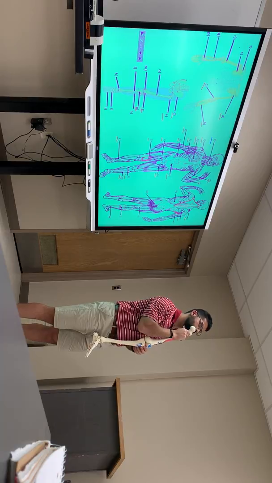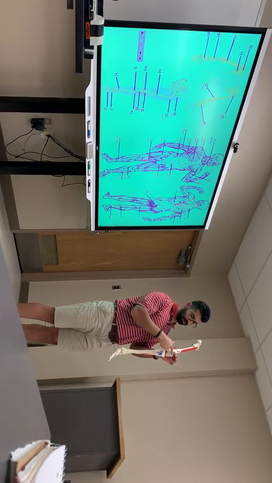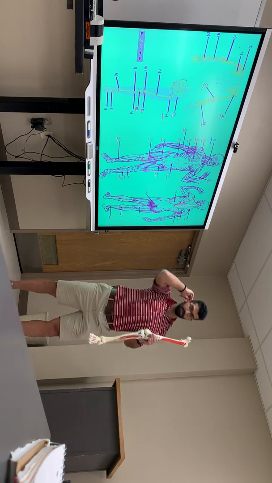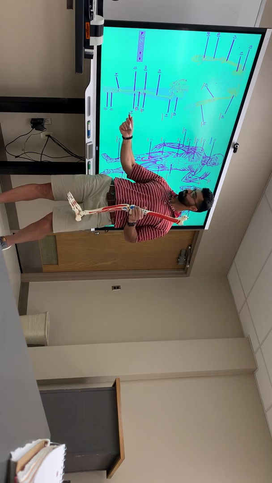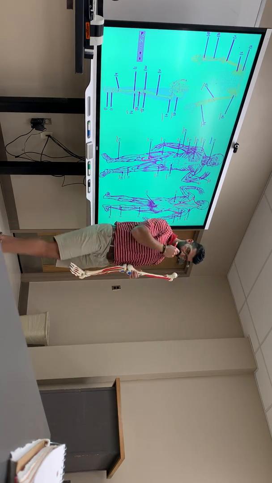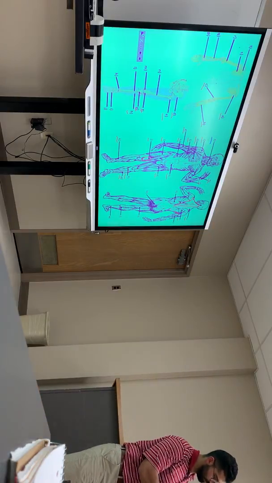Tibial tuberosity. That is the part where the quadriceps is inserted. Tibial tuberosity. Which bone is H? Tibia. Fibula. Good job.